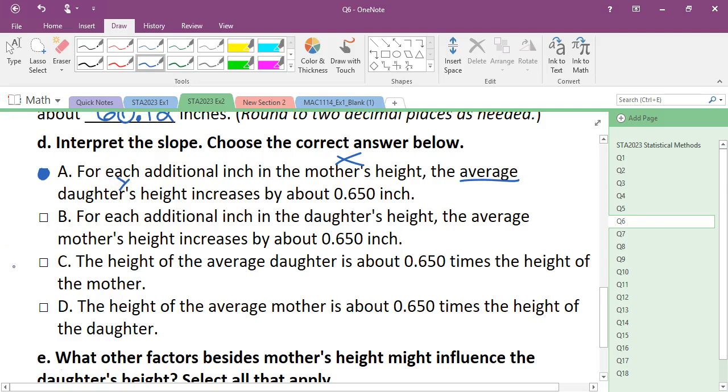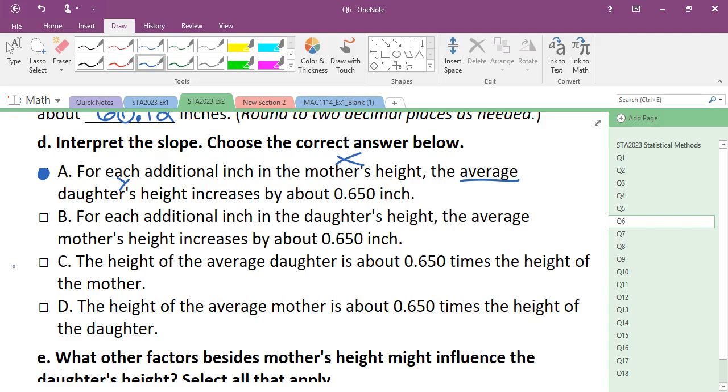And if you look at the other ones, you can see that it doesn't make any sense. So like for part B, it says for each additional inch of the daughter's height. Well, that's adding 1 unit for the y value. You got to throw that out because it's 1 unit for the x value. C says the average daughter's height is about 0.650 times the height of the mother.